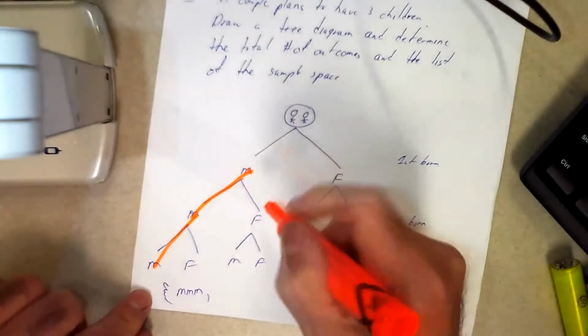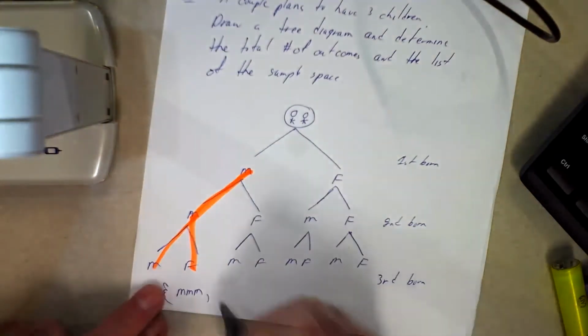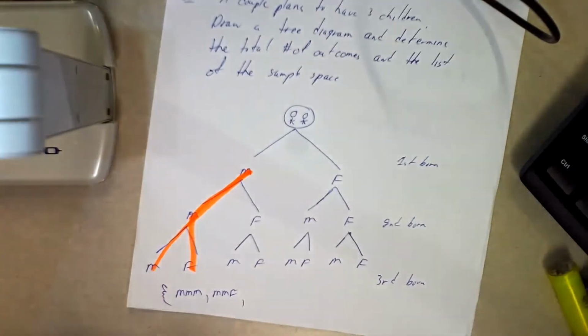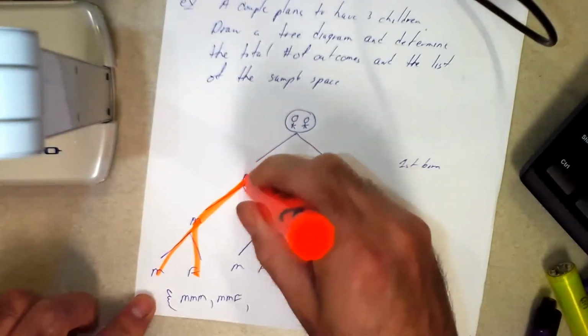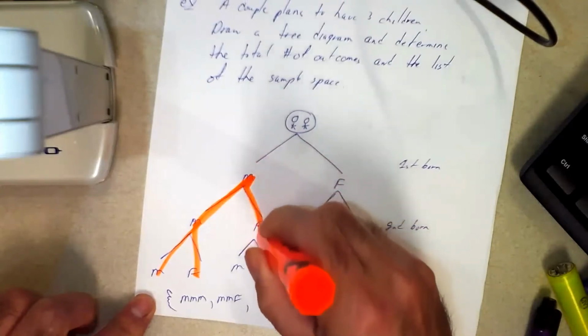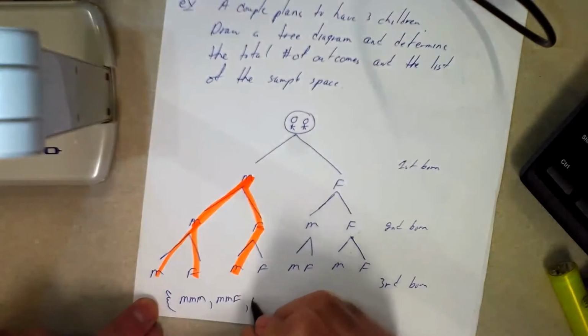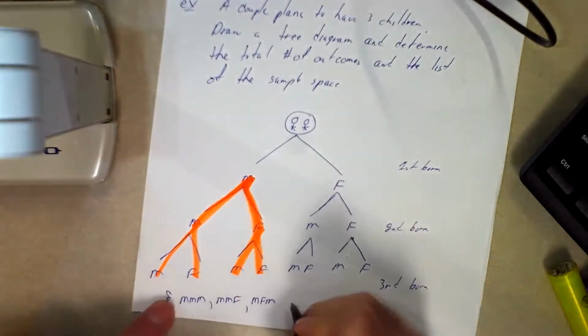You can have male, male, female. You can have male, the first one's male, second one's female, and then the third is male. So you can have MFM. And you can have MFF. Male, female, female.